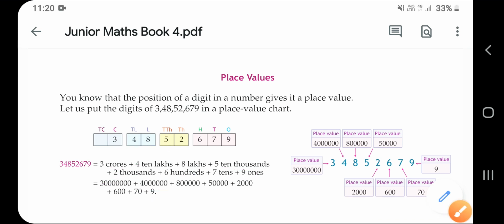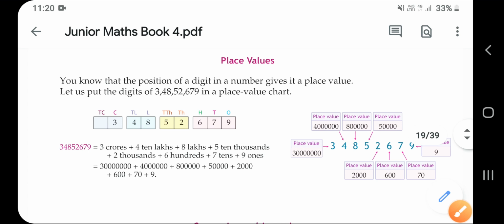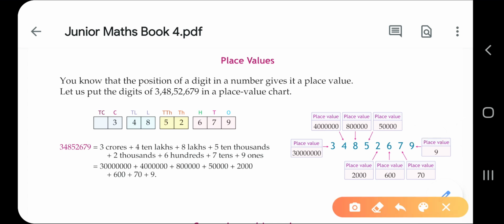Now let's check the place values of the numbers in the places already given in this example. 9 is on the ones place, so the place value of 9 is 9. 7 is on the tens place, so the place value of 7 is 70. 6 is 600. 2 is on the thousands place, so the place value of 2 will be 2000.